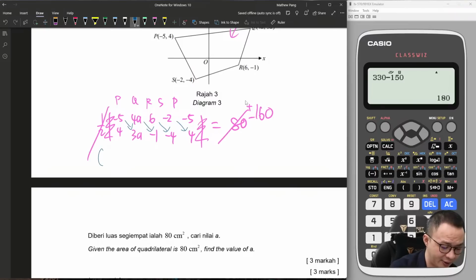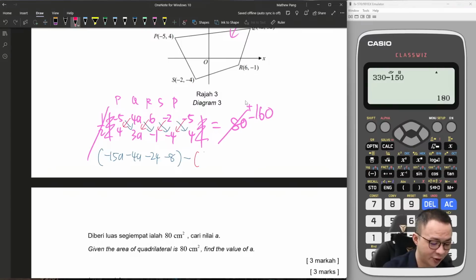This will give me negative 15a minus 4a minus 24 minus 8. Then I put a minus, and multiply in the opposite direction. Do you see the red arrow? This one is 16a plus 18a plus 2 plus 20 equals plus minus 160.